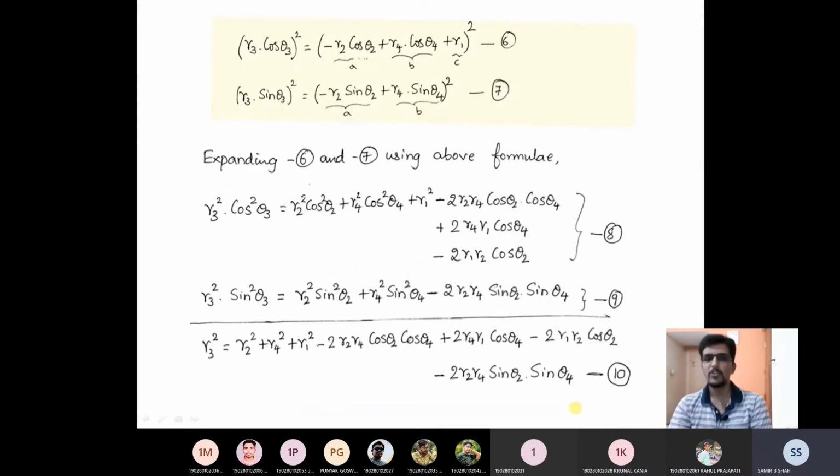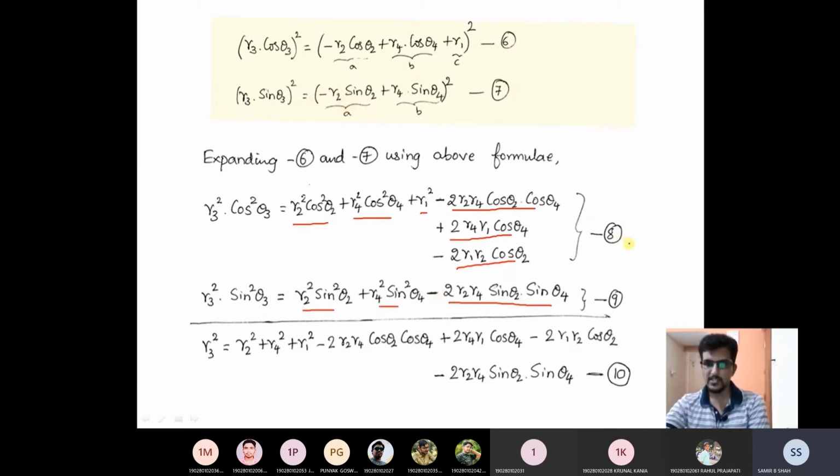Using the formula of A plus B plus C whole square, r2 cos theta 2 is the A term, so we get A square plus B square plus C square, and then 2AB plus 2BC plus 2CA. There is a minus because A is negative. Similarly, for A plus B, it is A square plus B square minus 2AB, because A has a negative coefficient.